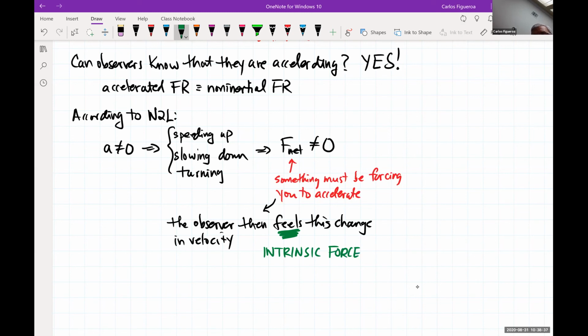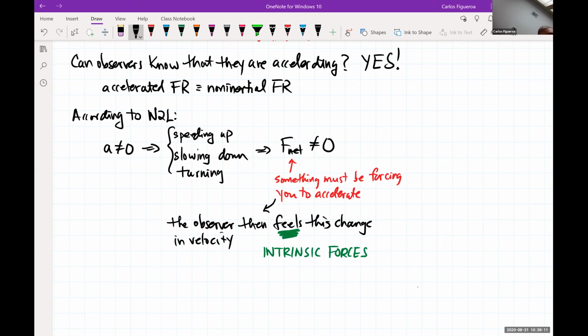You feel those inner forces acting on you. Now, note that that intrinsic force is a pseudo force. Because this is a non-inertial frame of reference, Newton's laws are not valid. And if Newton's laws are not valid, then they violate the principle of Galilean relativity. So you cannot apply Newton's laws in these frames of reference.